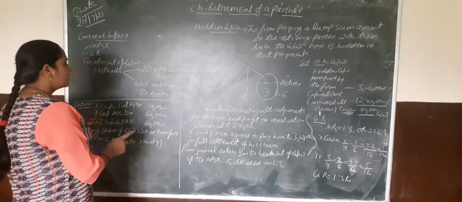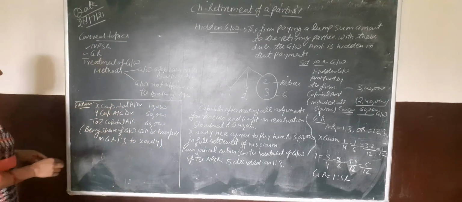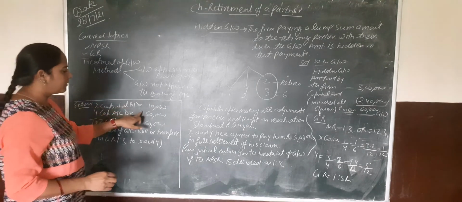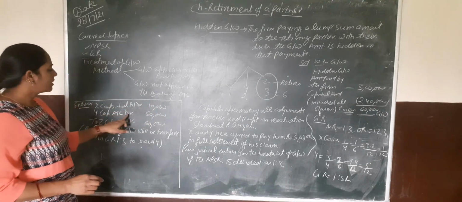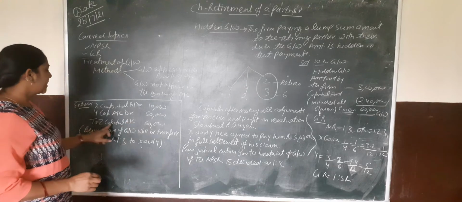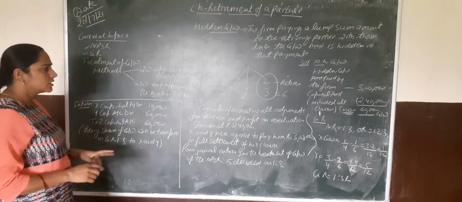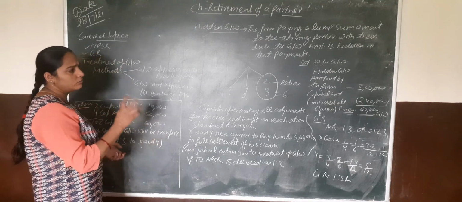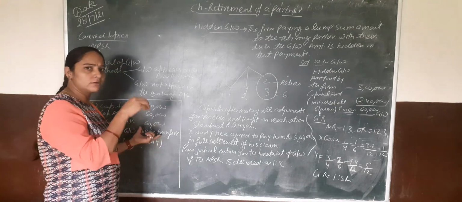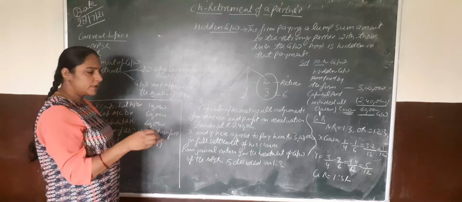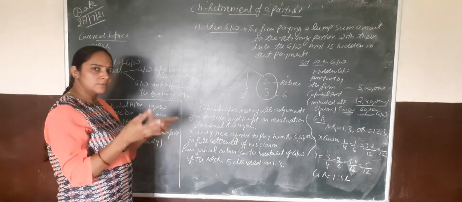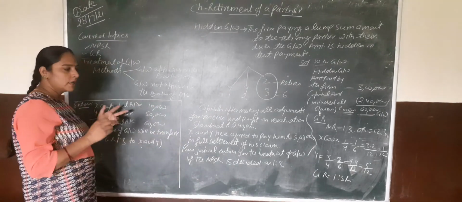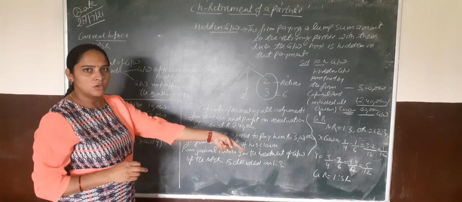Next, we will pass the necessary journal entry. X capital account debit 10,000, Y capital account debit 50,000, to Z capital account 60,000. Children, Z's goodwill amount in the firm is 60,000. Now, on his retirement, this 60,000 will be distributed by the old partners in their new profit sharing ratio, the gaining ratio.